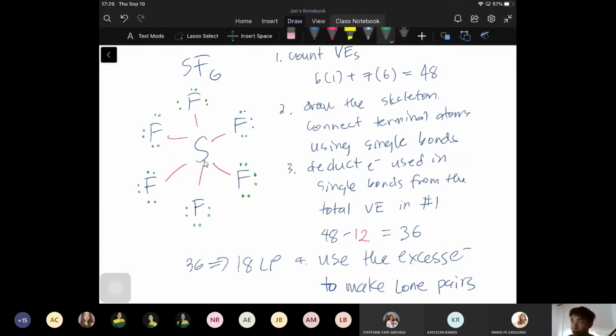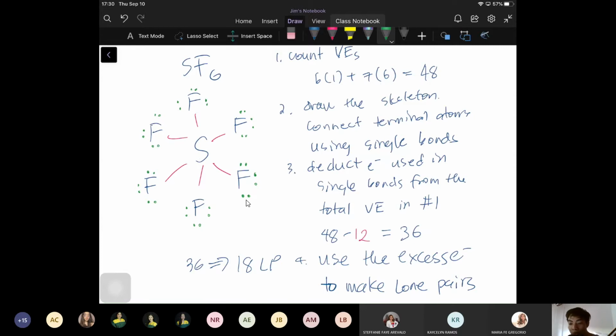You have the sulfur with 6 single bonds, and yung fluorine, nakakonect sila via single bonds. And yan yung violation sa octet rule. This is the third violation sa octet rule. The expanded octet. So sulfur is actually found on the third period.